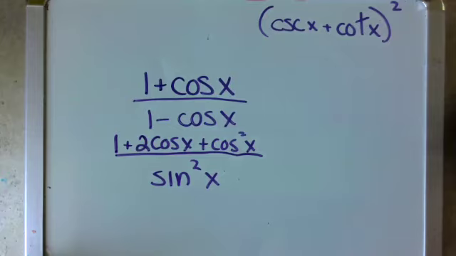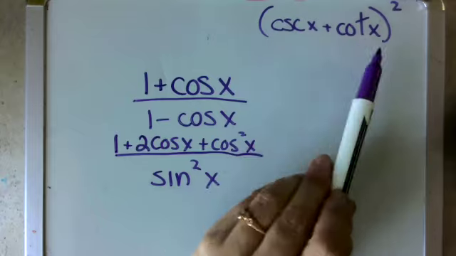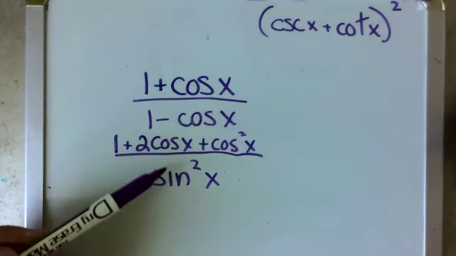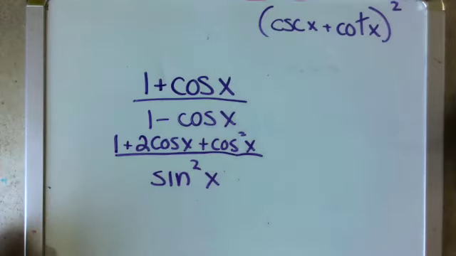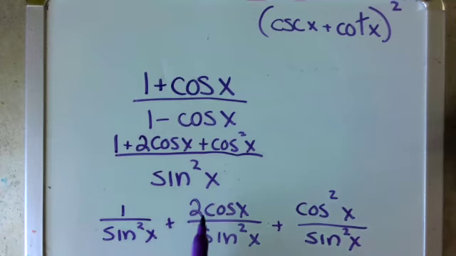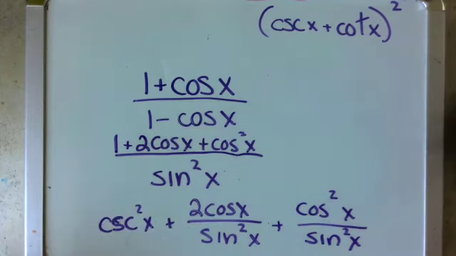All right, so I'm keeping an eye toward where I'm going. I now have 3 terms, each of which is over sine squared x. So what I may do next is separate this into these 3 terms. 1 over sine squared x, that's the same thing as cosecant squared x.